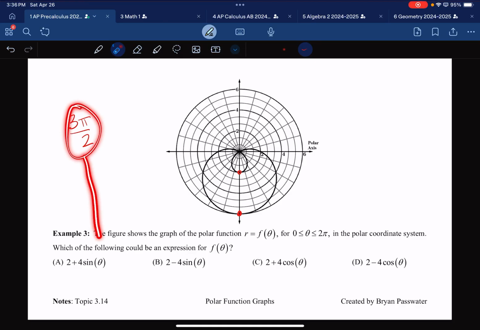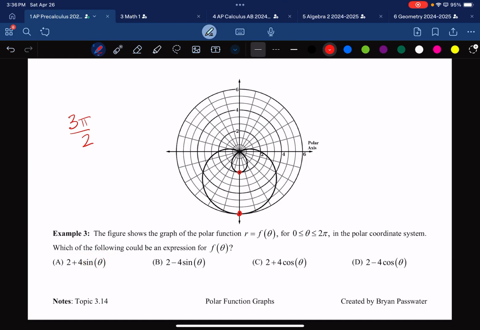When I plug in 3 pi over 2, let's just test option A. That's going to be sine of 3 pi over 2. And I happen to remember that on my unit circle, 3 pi over 2 is down here. Sine is the y-coordinate down here, which is -1. So this entire thing is going to be -1. -1 times 4 is -4. -4 plus 2 is -2. And that makes sense, right?